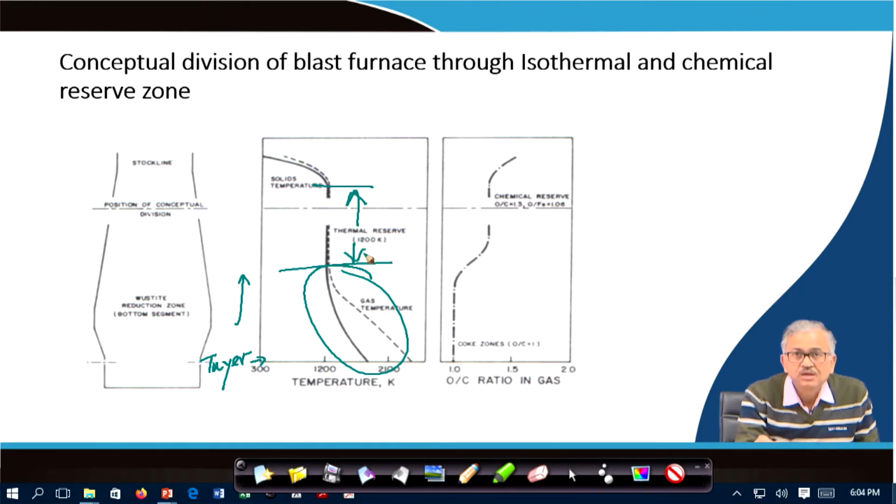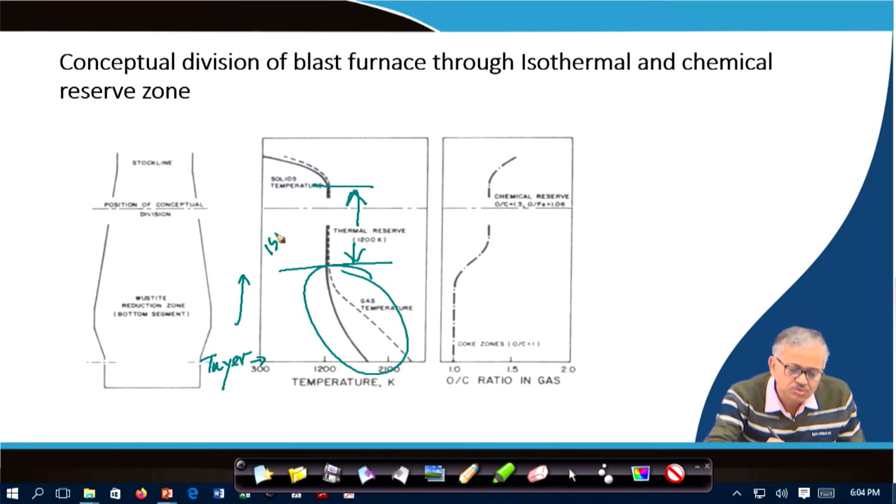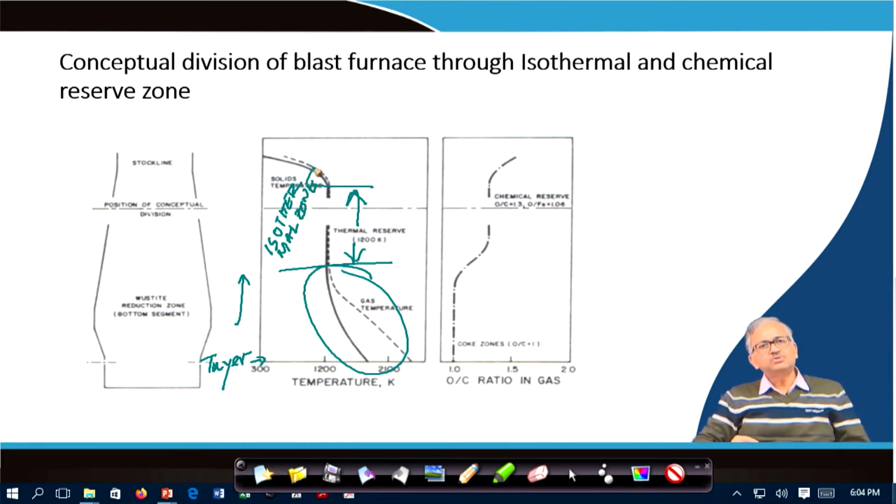It is called the thermal reserve zone or isothermal zone, a significant portion of the blast furnace where the temperature of the solid and gas almost remains constant.